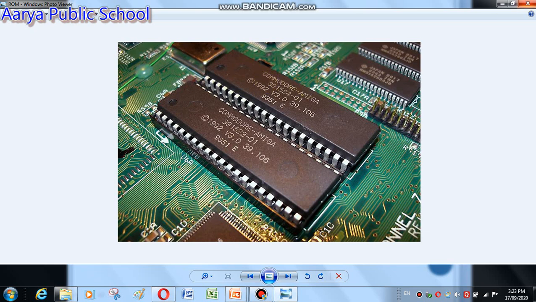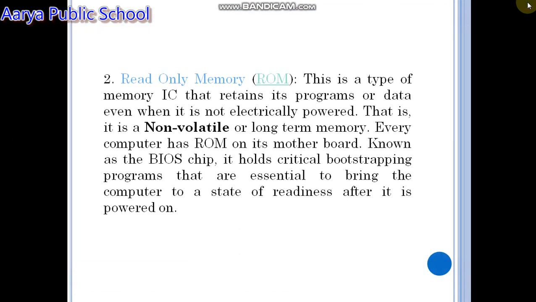We can learn about this. It is a type of memory, an IC, that is an integrated circuit, that retains its program or data even when it is not electrically powered. That is, it is a non-volatile or long-term memory.